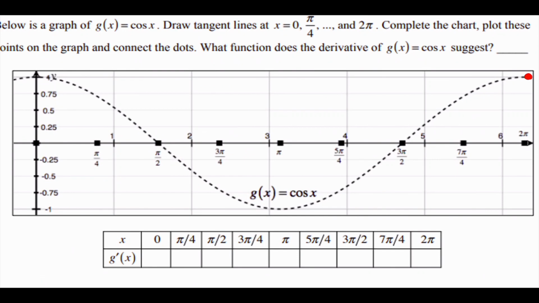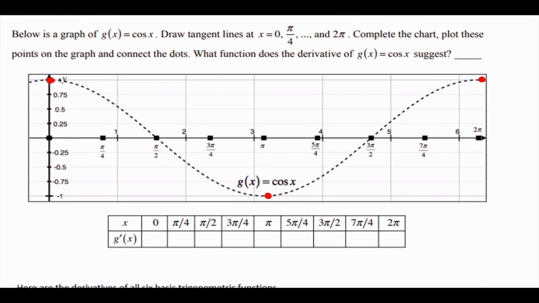Where else? 0? Anywhere else? Pi, yeah. Anywhere there's a maximum or minimum, a top or a bottom. That's where you would have 0 as a slope, because the tangent line would be a horizontal line at all of those spots.